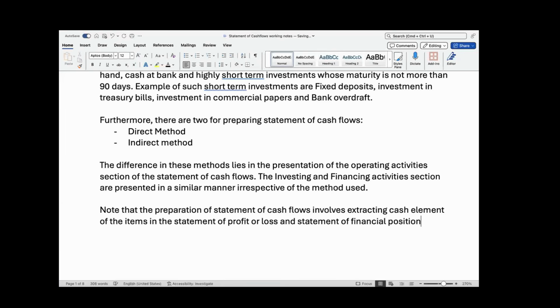All you're trying to do is to extract cash elements from all the items in this statement. You must extract all the cash elements. And this is the secret.